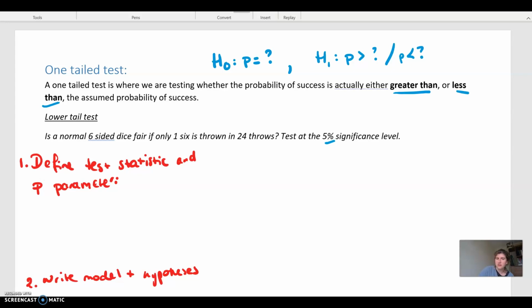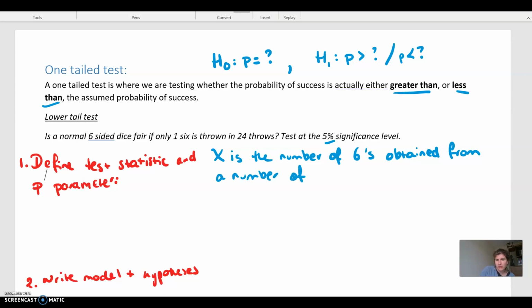Our test statistic, which we're going to call X, is the number of 6s obtained from a number of rolls of the dice. Or die, if you're using the singular.